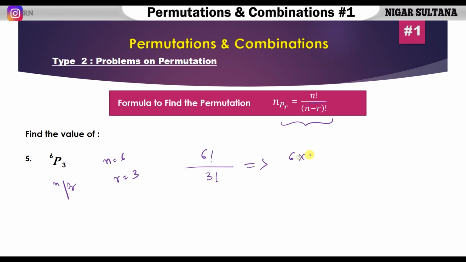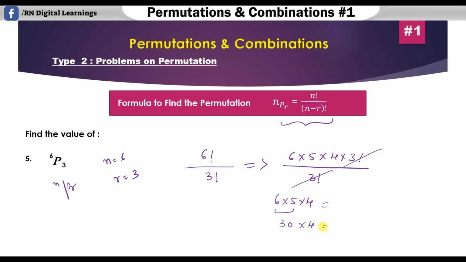Expand this: 6 into 5 into 4 into 3 factorial divided by 3 factorial. Directly cancel this. We are left with 6 into 5 into 4. So what is the value of this? 6 5s are 30, into 4 is 120. The value of 6P3 is equal to 120.